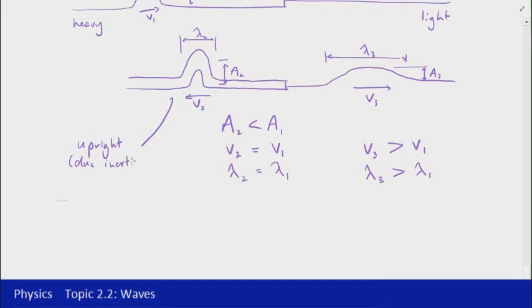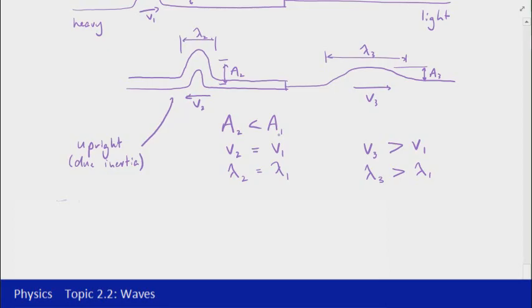So because the lighter rope can easily move up, there's no significant downwards force due to Newton's third law that will cause that heavy rope to be inverted. So there's the initial ideas behind reflection and transmission.